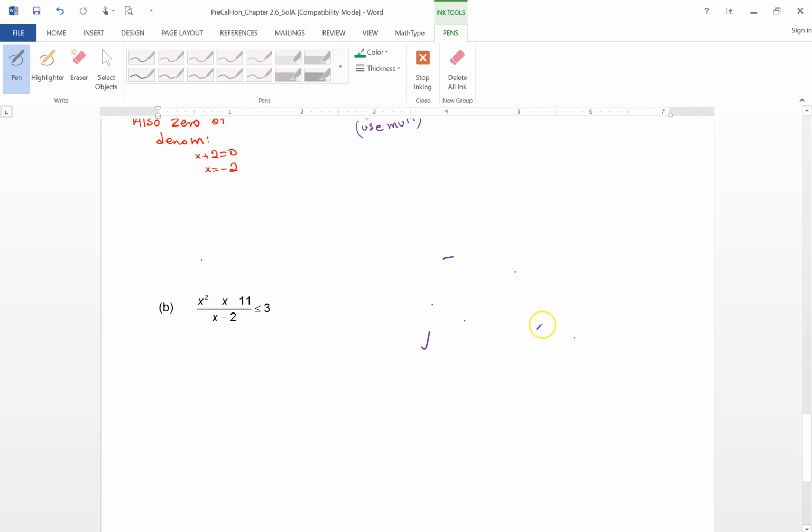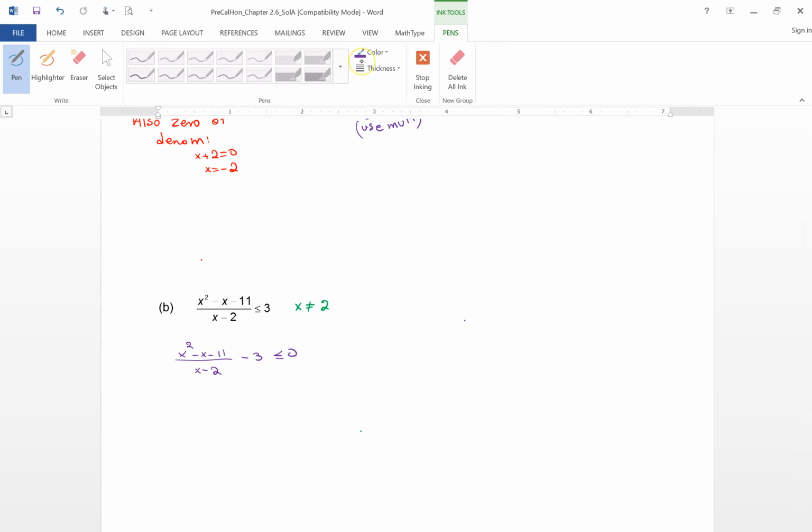So when we're doing this one, let's first write the restriction. X cannot be negative 2. X cannot be positive 2. Okay? All right, so what we're going to do here is solve this just like we did in the last section. You can factor the top if you want, but don't just yet because we're going to have to multiply it back. It turns out we don't need to factor.